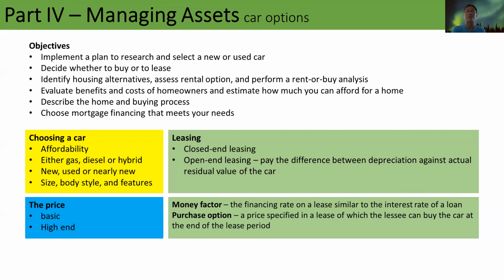Ano bang kaibahan ng dalawa? Closed-end leasing is pagkatapos mag-rent, iwanan mo na yung sasakyan. Of course, isauli mo kung saan mo siya kinuha. Then open-end leasing, ito yung pay the difference between depreciation against actual residual value of the car.